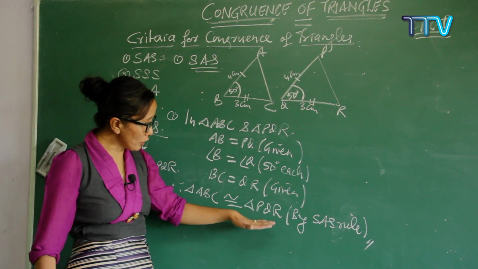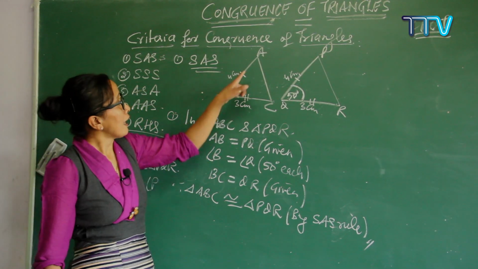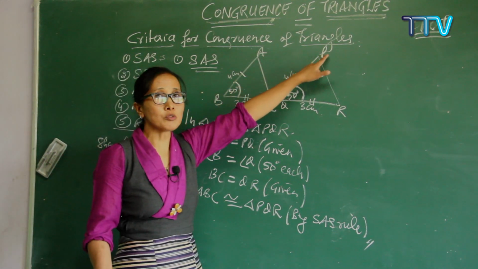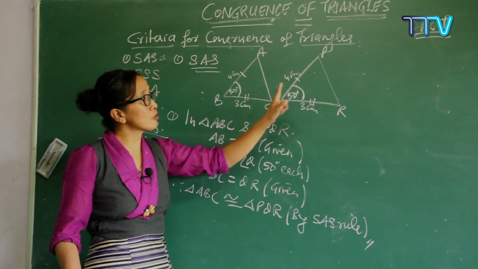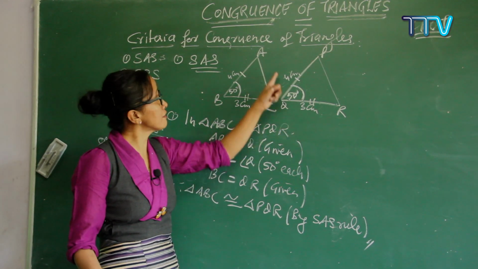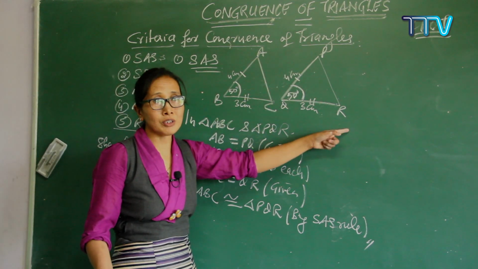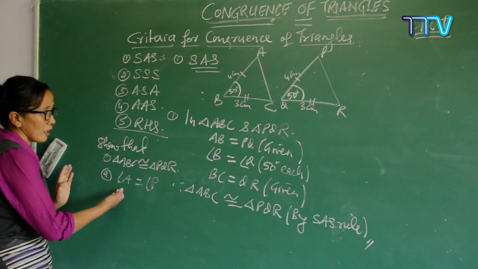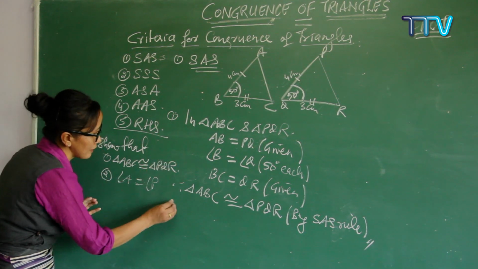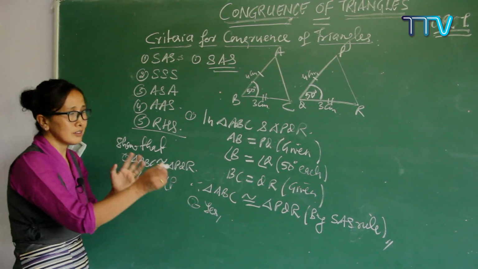A corresponds to P, C corresponds to R, and B corresponds to Q. Side AC is the corresponding side of PR. So yes, angle A is equal to angle P.